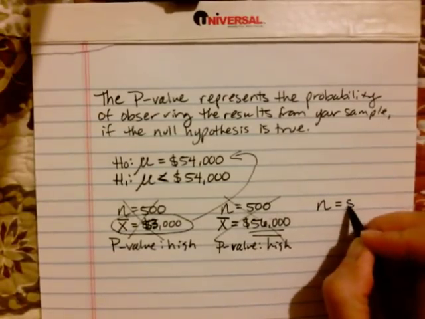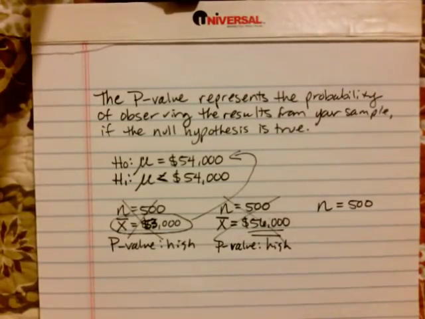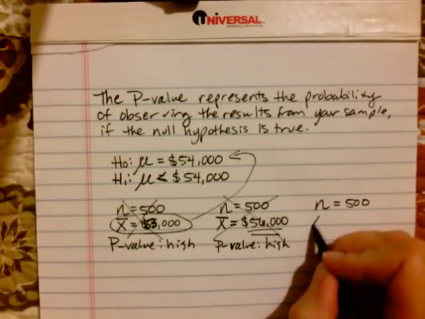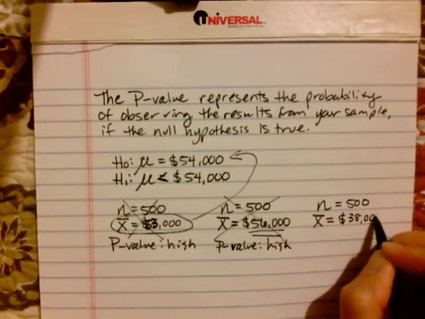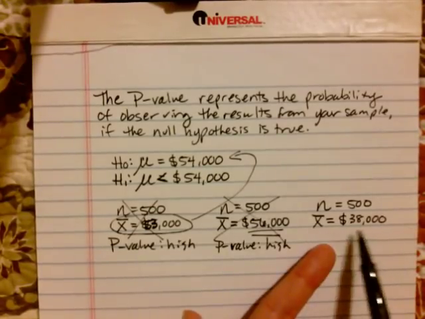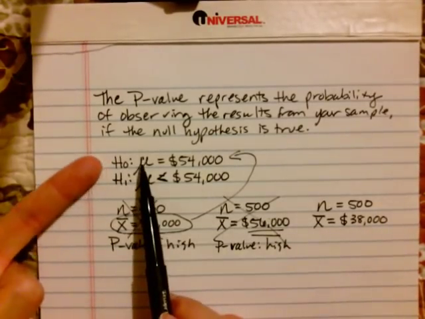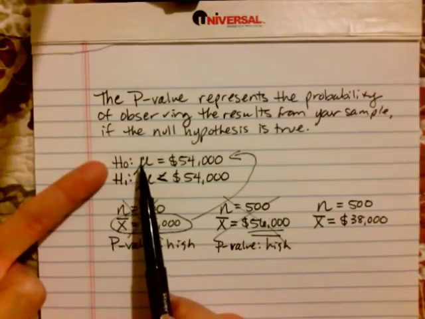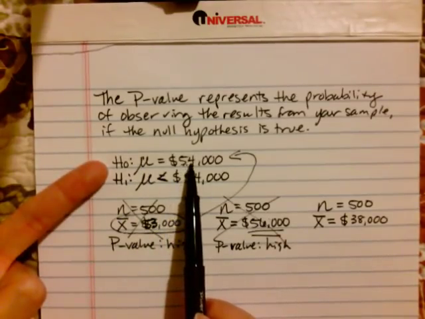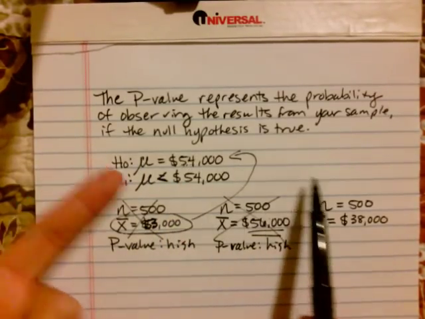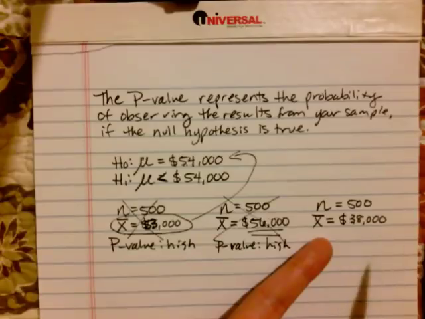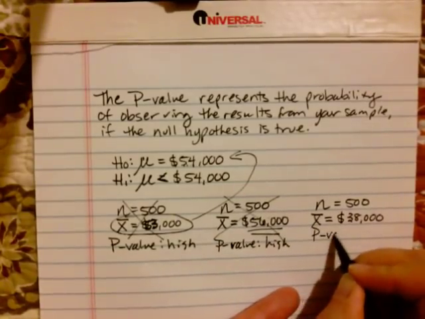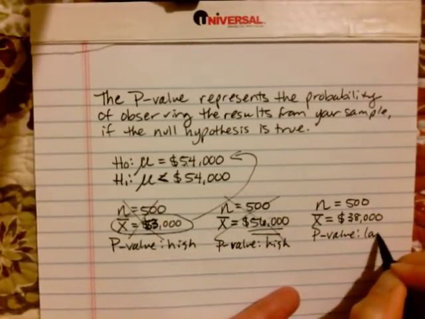Now, let's say instead that we had collected a sample of 500 households, and our x bar came out to be, let's say, 38,000. Now we're looking at this and we're saying, okay, if the mean annual household income were actually $54,000, how likely is it that I would observe a sample mean of $38,000? How probable is that? That's going to have a very low probability.